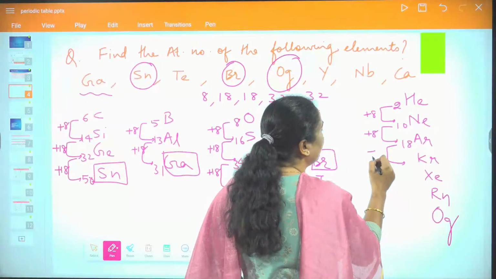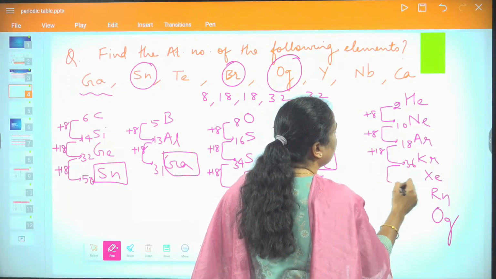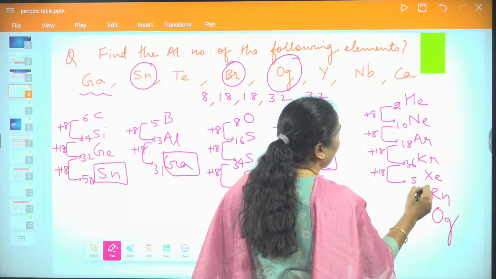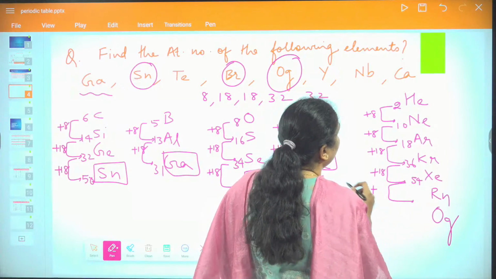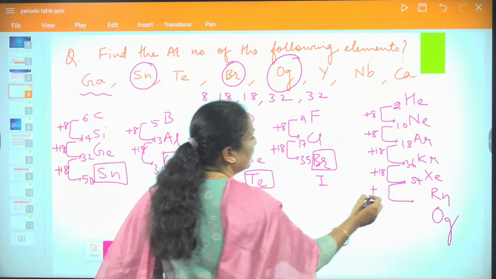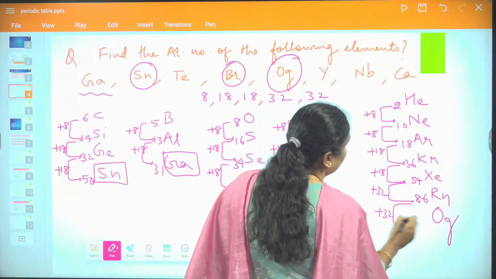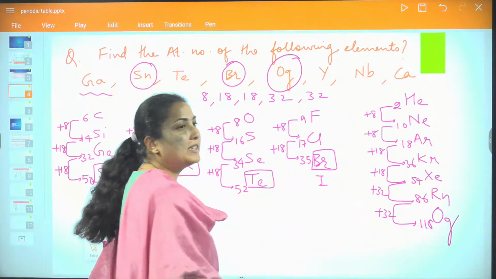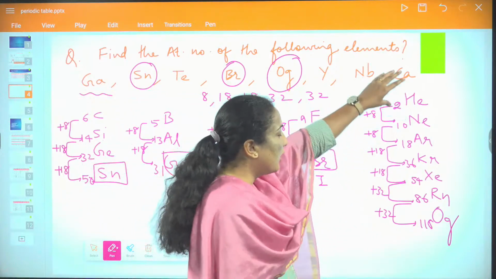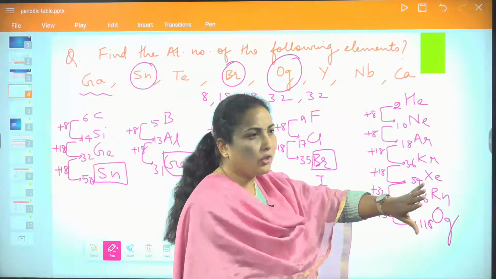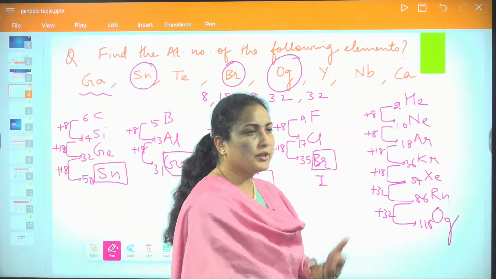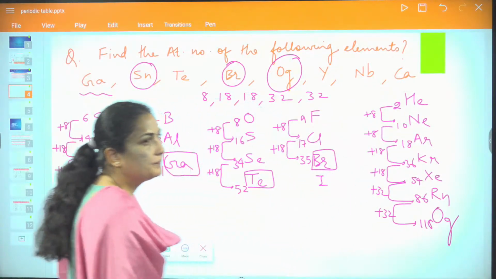And after that, 2 times 18, 36. 36 plus 18, 54. 54 plus, this is already like 18 done. You do 32. So basically it is 86. And again you do 32, you are having 118. Since we have already practiced learning the atomic number, that is the reason I said for oganesson you could have directly written. Okay.